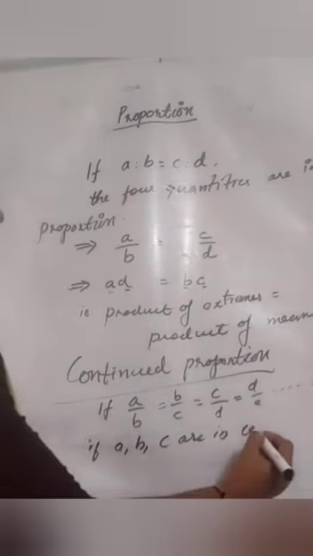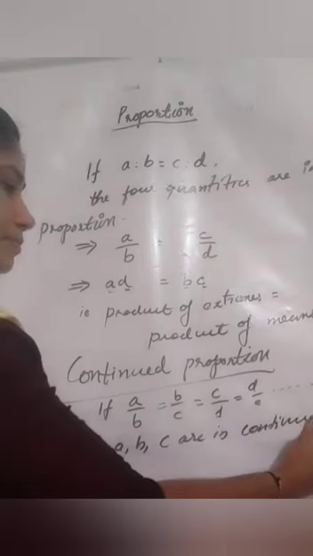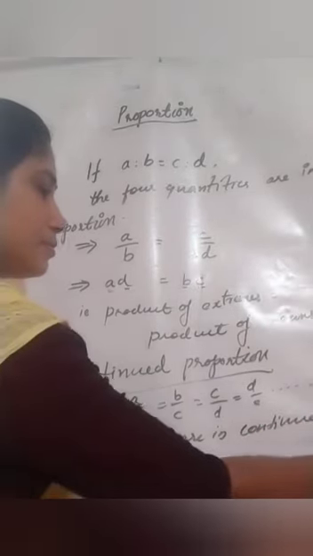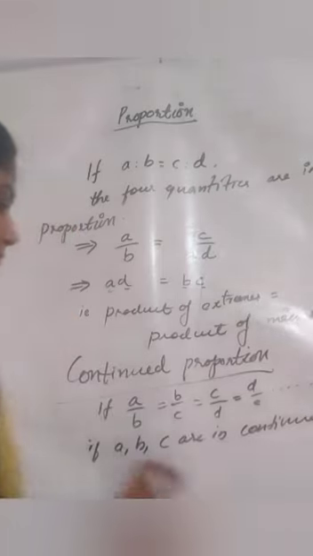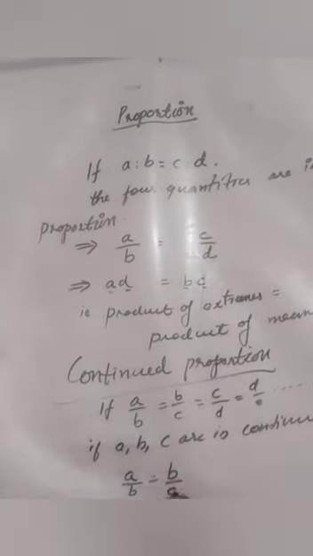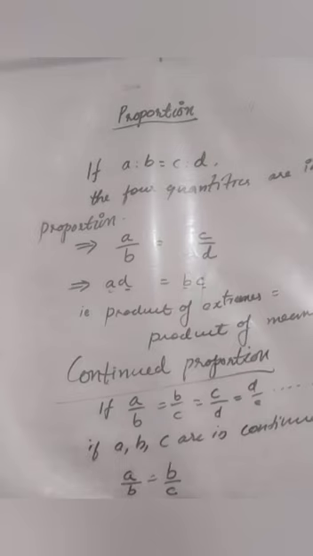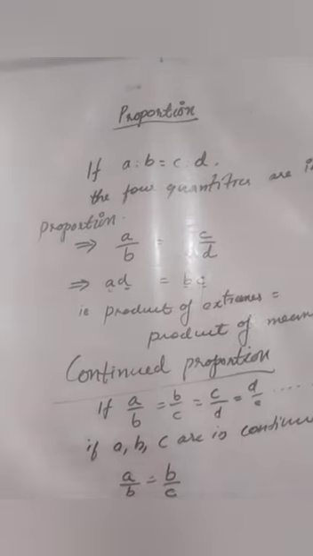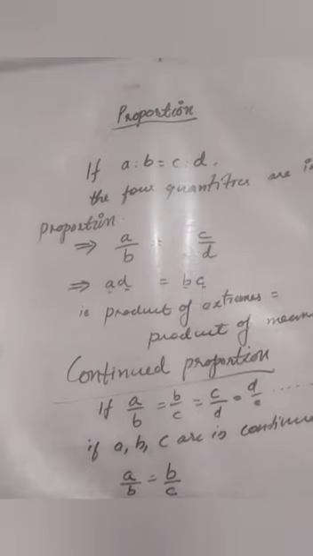Also, if A, B, C are in continued proportion, then A by B equal B by C implies A is to B equal B is to C. And this B is called the mean proportion.